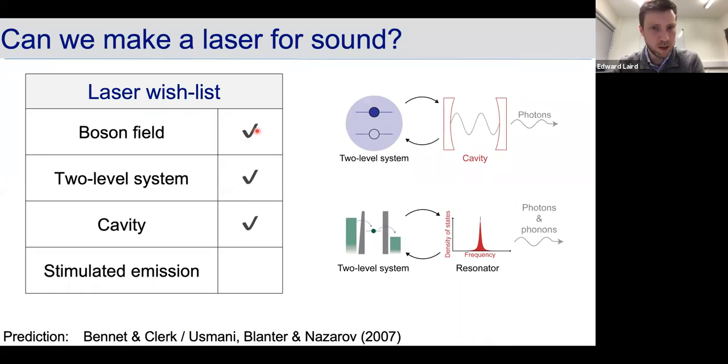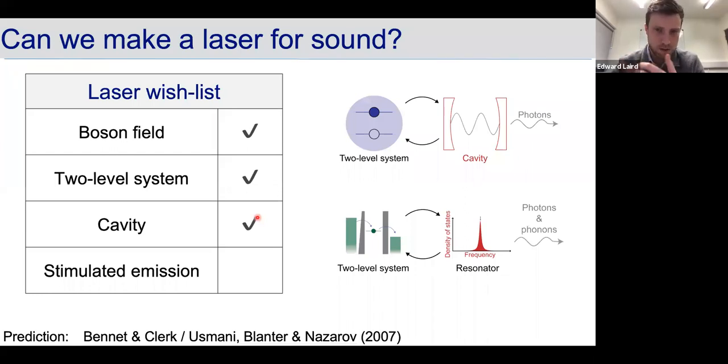You have a boson field, the phonons are that boson. You have a two-level system, the single-electron transistor. You don't have a cavity directly, but you do have a resonator which confines the phonons and acts in the same way. The ingredient that you're lacking, though, is stimulated emission, because there's no degeneracy, there's no sharp level splitting in the single electron transistor that can coincide with the frequency of the resonator.